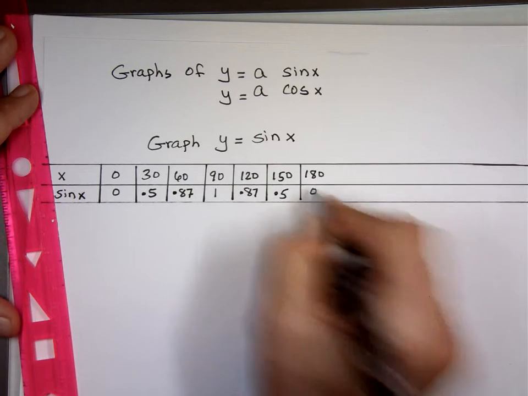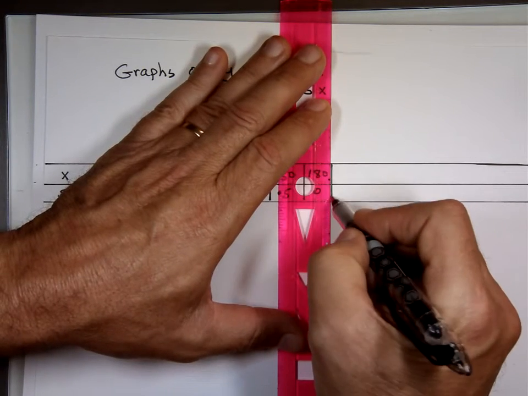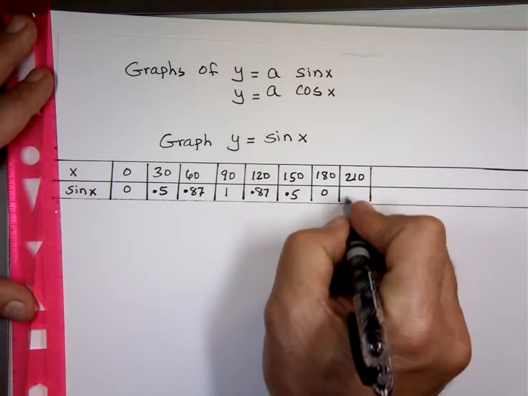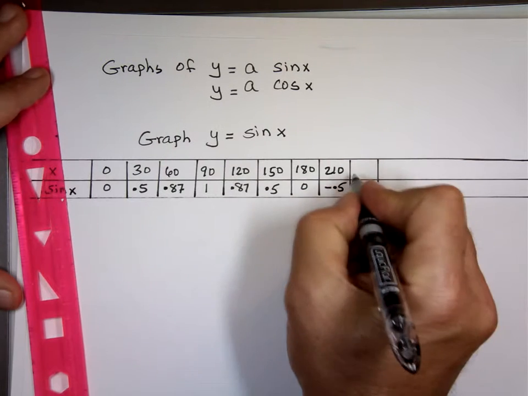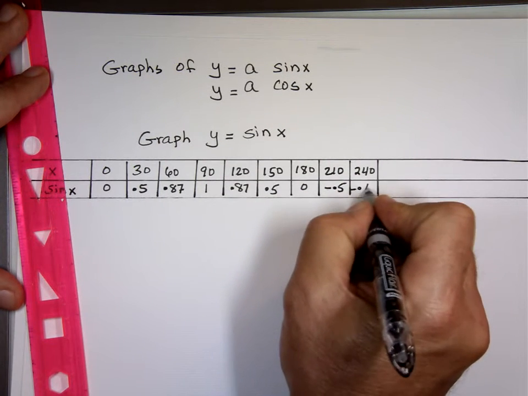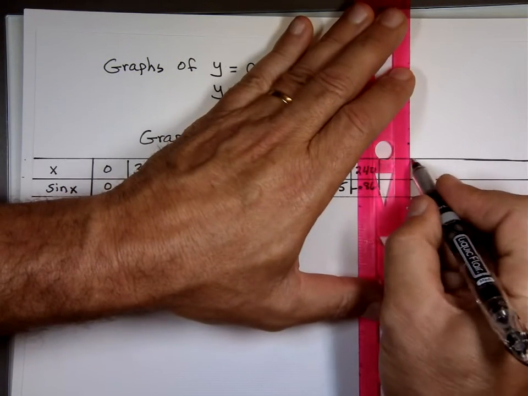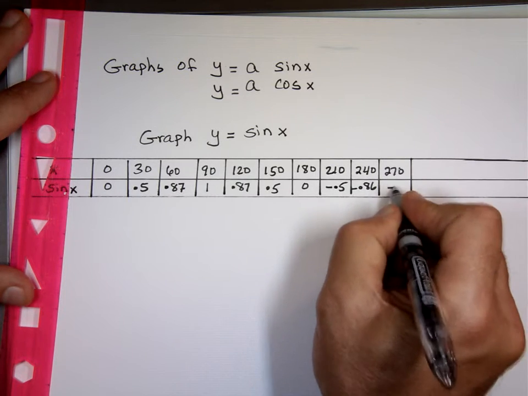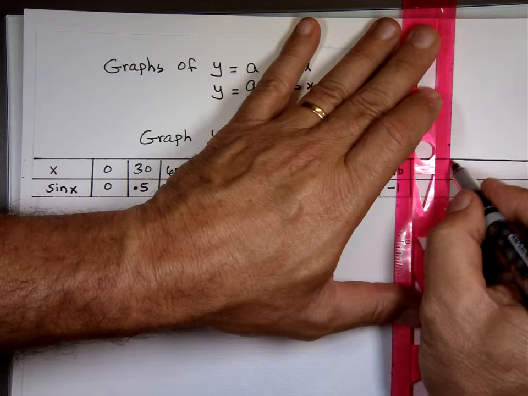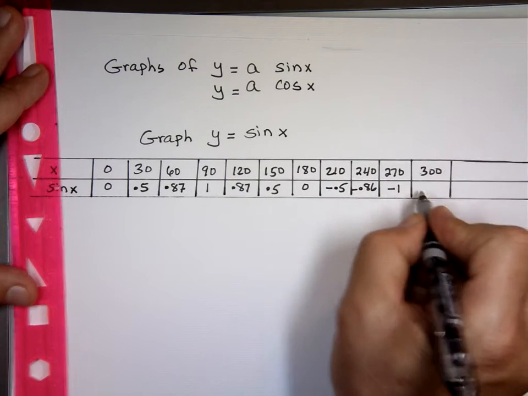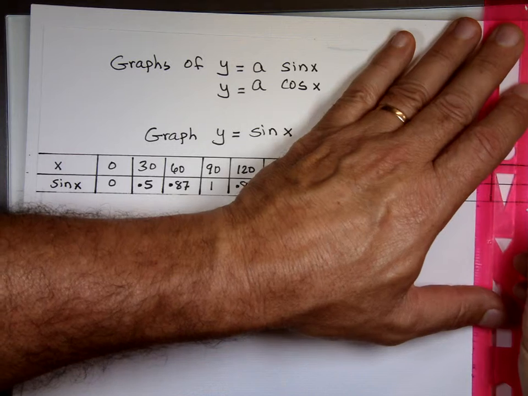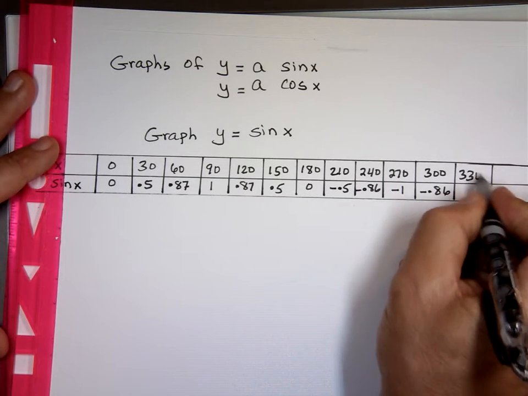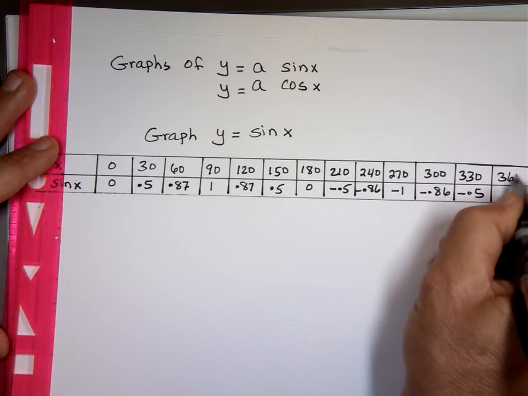180, that's 0. 210, that's negative 0.5. 240, 30 more, that's negative 0.86. 270, that's negative 1. 300, that's negative 0.86. 330, negative 0.5. 360, 0 again.